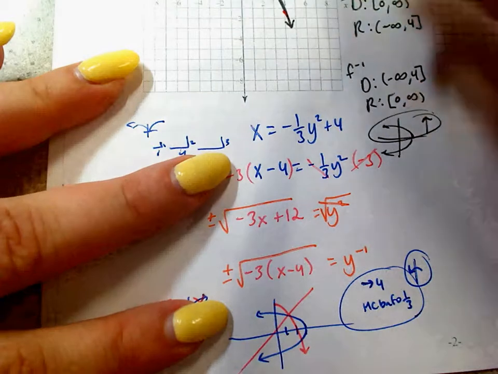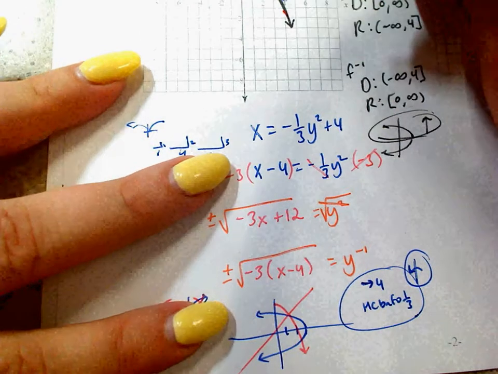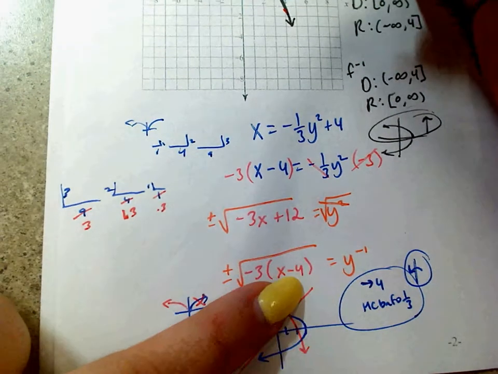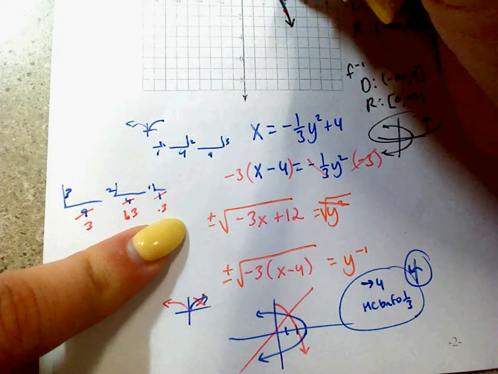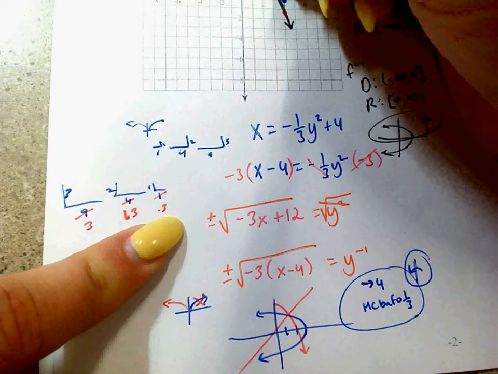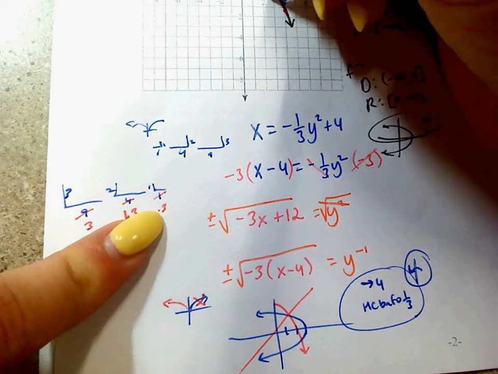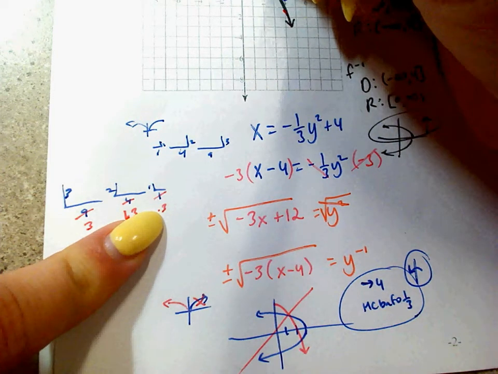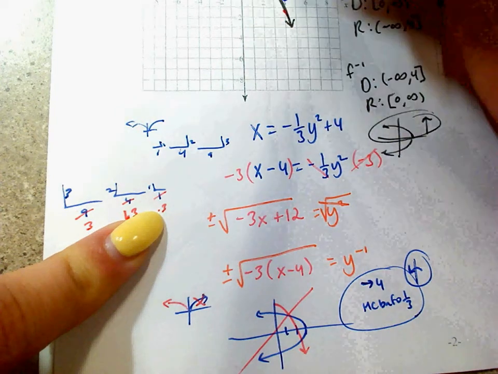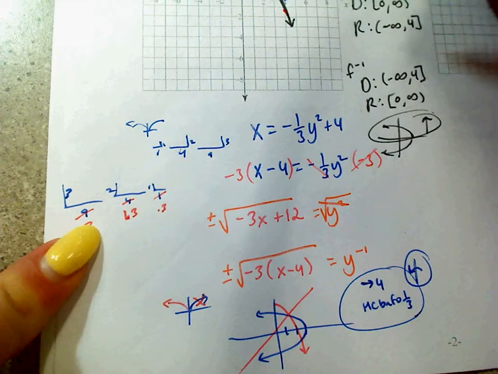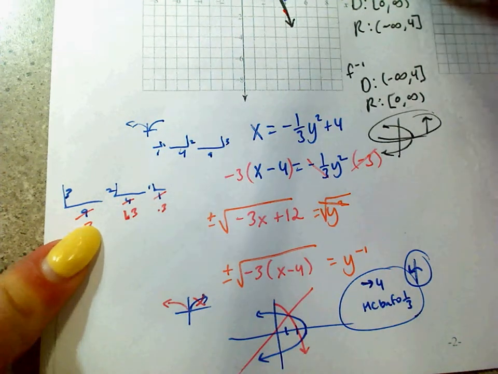Okay, so right 4, and then I'm going to go to the left 0.3 and up 1. To the left 1.3 and up 2. To the left 3 and up 3. And I'm going to go to the left 5.3 because of using this right here.